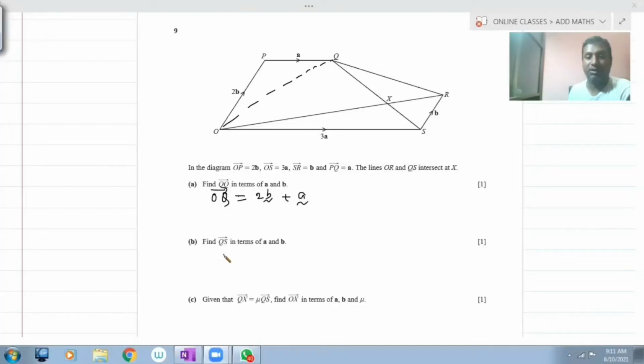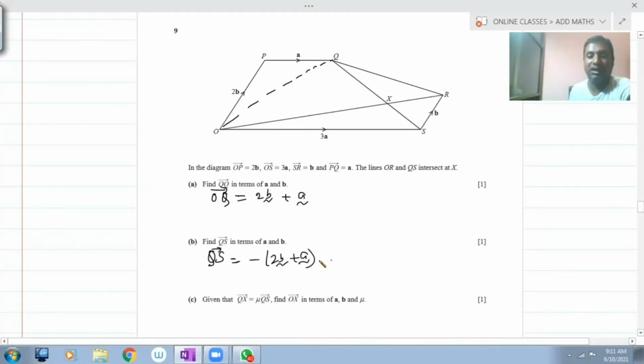So let's see now what is happening in the next few steps. Now we are going to find out QS. Q to S, we can go from Q to O and O to S. So Q to O, OQ in the positive direction is 2b plus a, but since it is in the opposite direction, it becomes negative: minus (2b plus a) plus 3a.